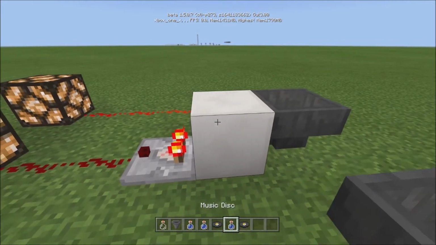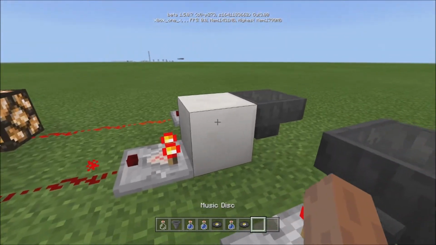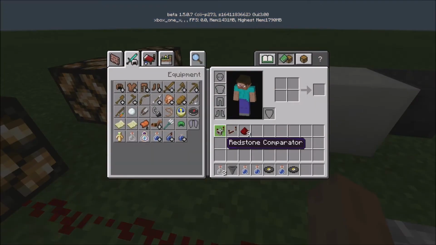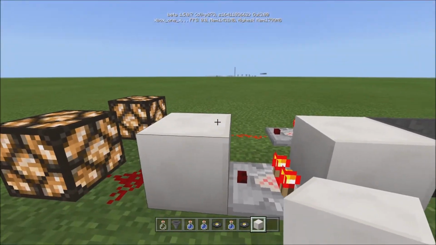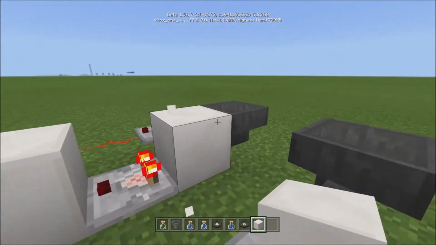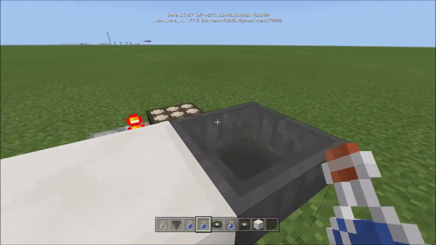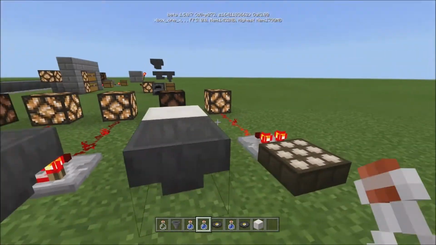This is a huge one because a lot of times you may want to reset a signal on a hopper. You may want to lock the hopper, and being able to pull something out and like put this here and putting a torch and being able to lock it like that, it's huge. So having that block as an extra spot to put down, let's say a repeater or a piece of redstone, very, very huge. So that is a great trick if you did not know that.